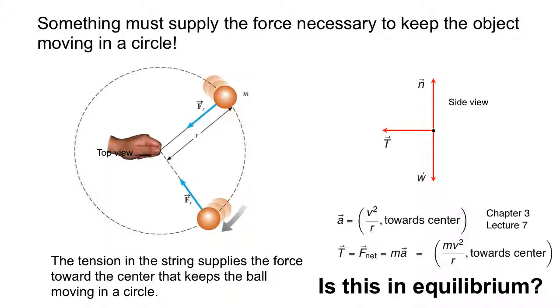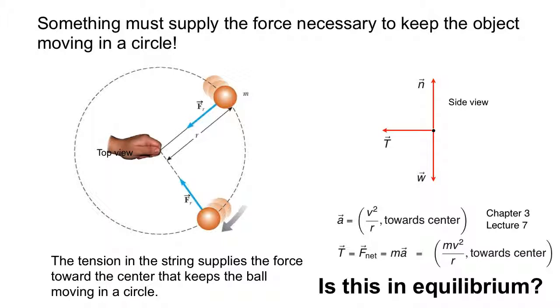Now here's a really important question. Is this system in equilibrium? Why? Why is it not? I see people saying no. Why not? She says the velocity vector, so while the magnitude of the vector doesn't change, the direction of that vector is constantly changing. That means that there's an acceleration in the problem, and we know that if there's an acceleration, it's not in equilibrium.